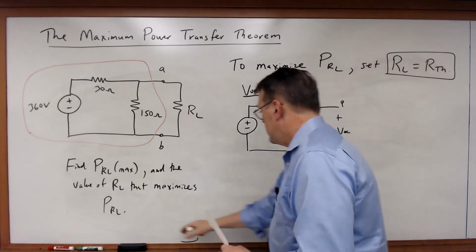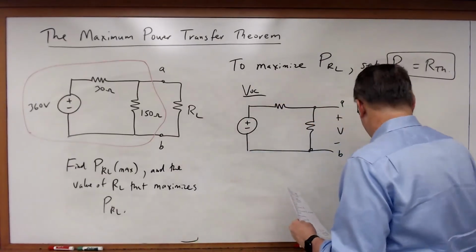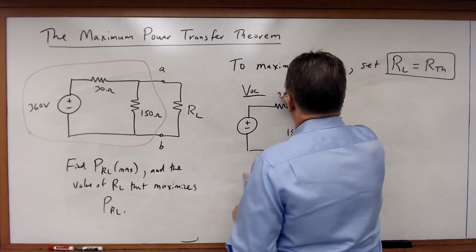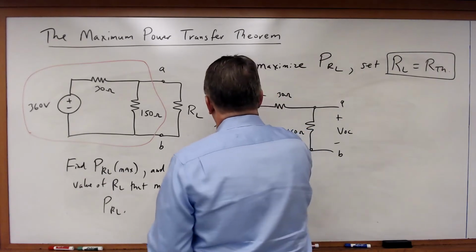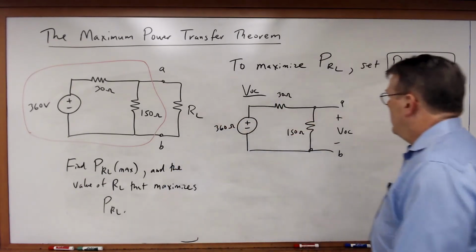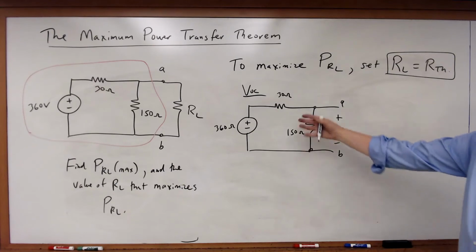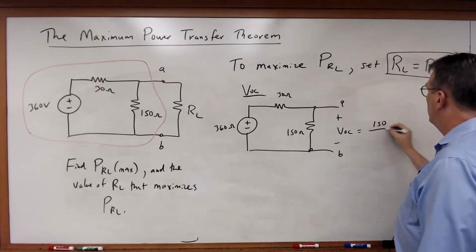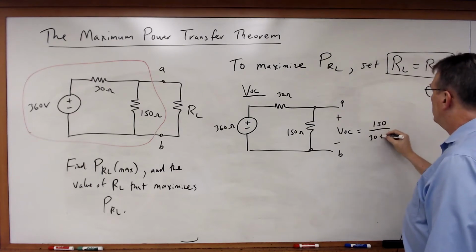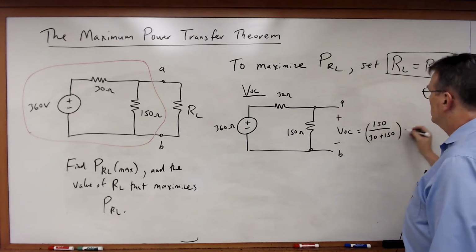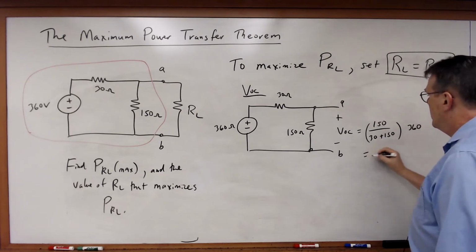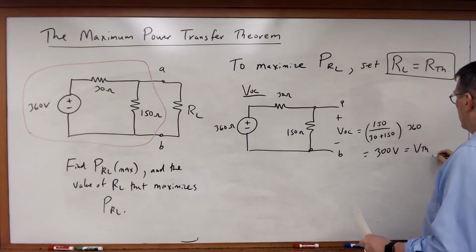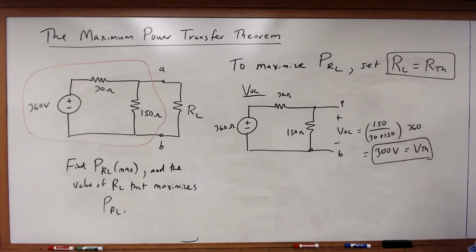Here's my VOC. And this is a really simple circuit. In fact, this is really nothing more than a voltage divider. VOC will just be equal to 150 divided by 30 plus 150 multiplied by 360, and that will be equal to 300 volts. And that, of course, is our Thevenin equivalent voltage.